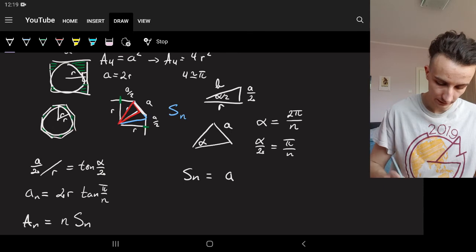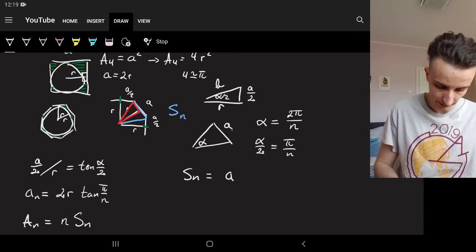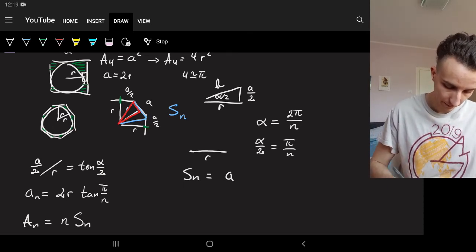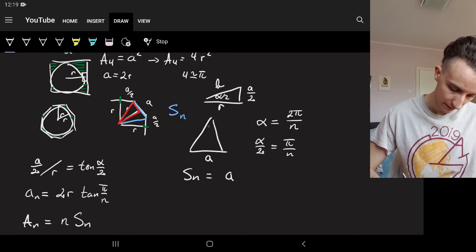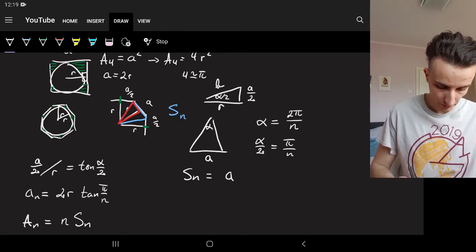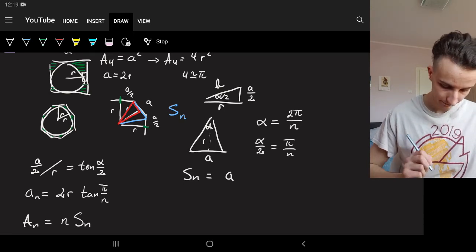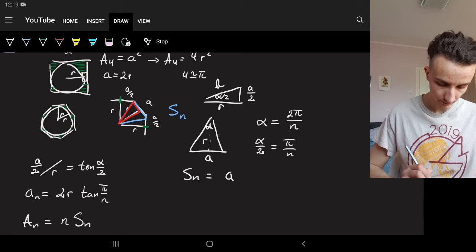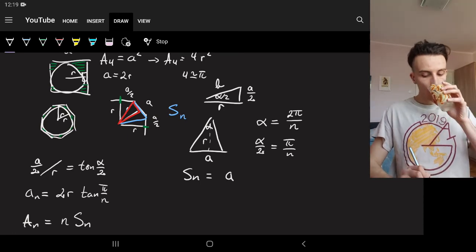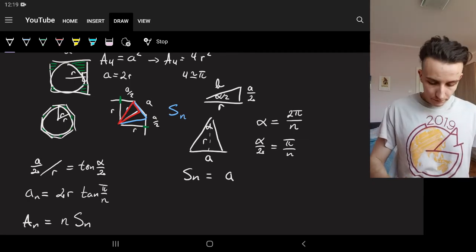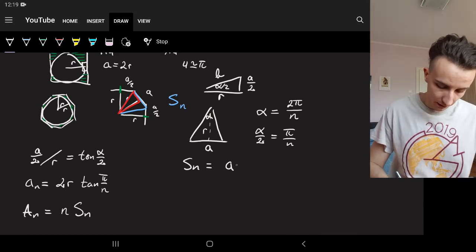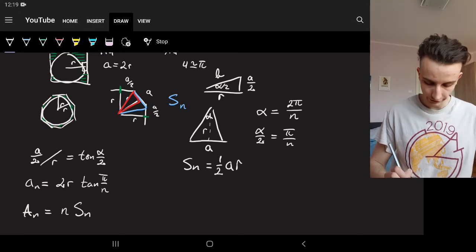Or let's use this triangle. Let's just rotate it to look nicer. So this is A, this is the angle alpha, which means that this is R. Which means that Sn is just 1/2 AR, right?